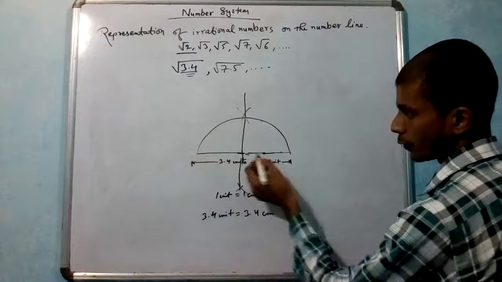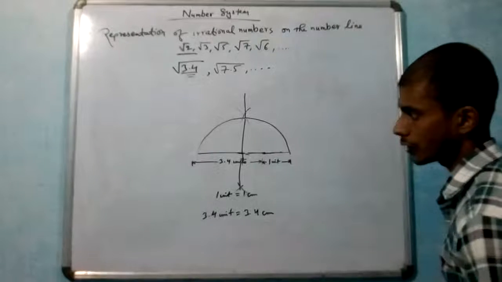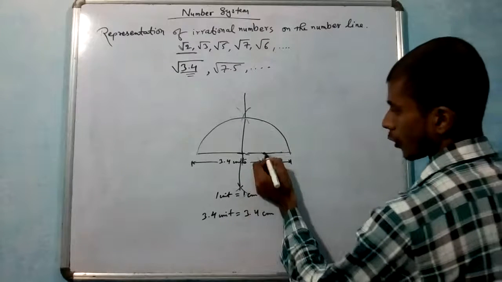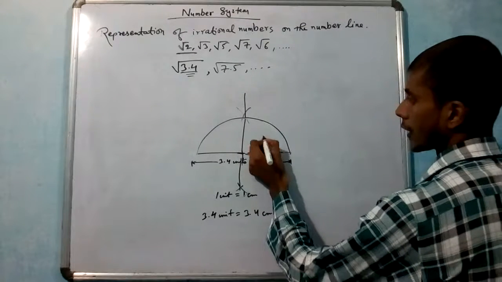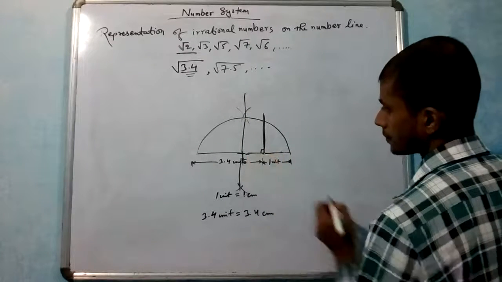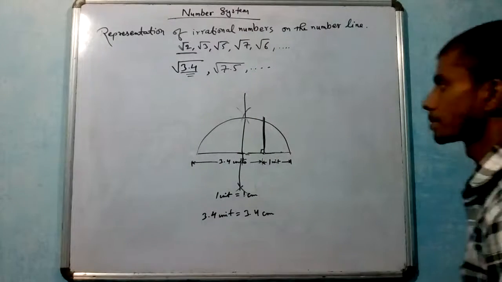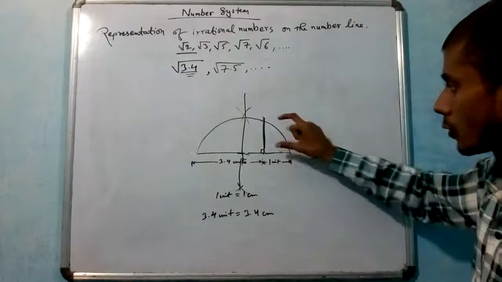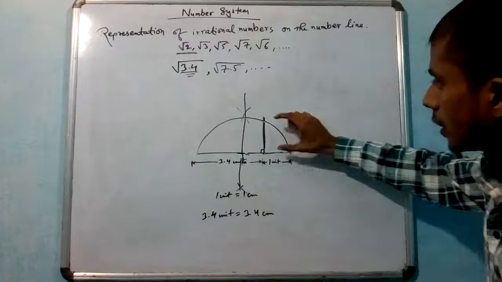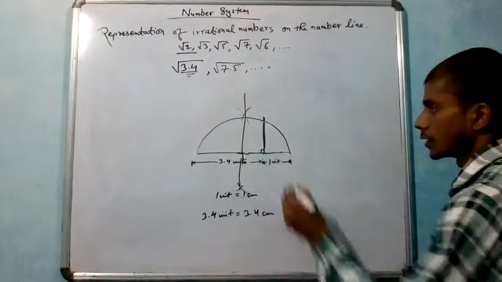Come to this point, where your 3.4 was ending. From here, draw a perpendicular line. Wherever this perpendicular line intersects the circle, this length will be the square root of 3.4 units.